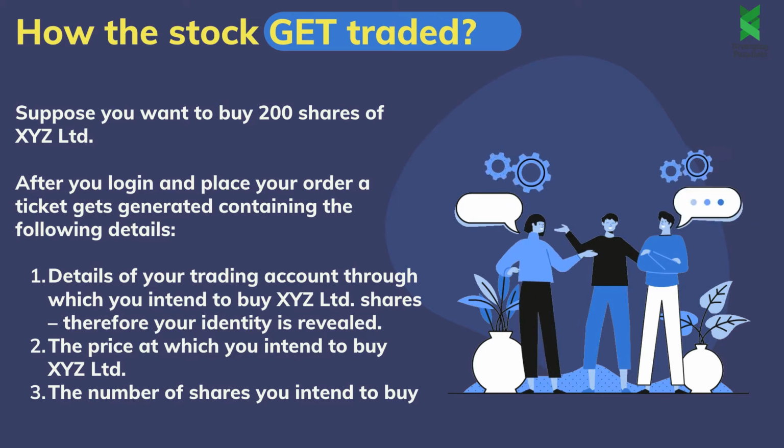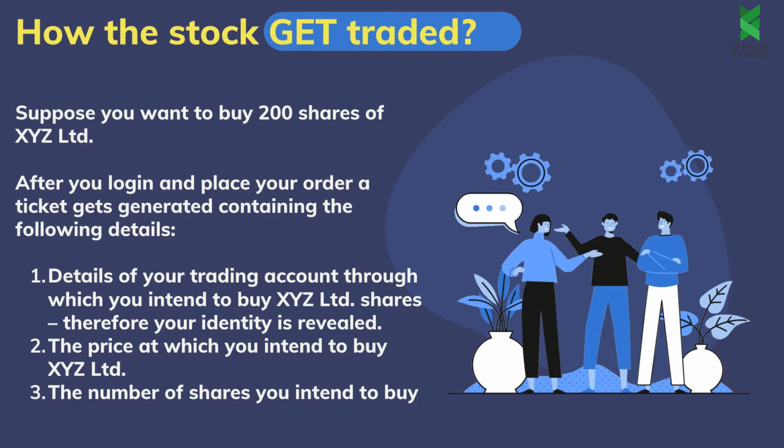First, the details of the trading account through which we intend to buy the share. Therefore, the identity of us is revealed. Secondly, the price at which we intend to buy the share. And third, the number of shares we intend to buy. So, a ticket is generated containing these three things.